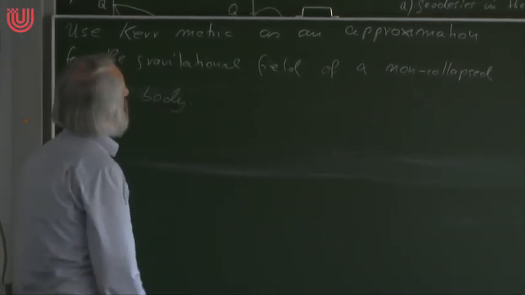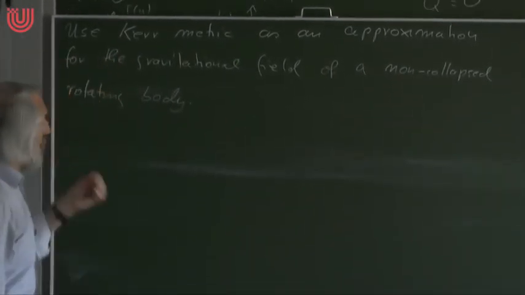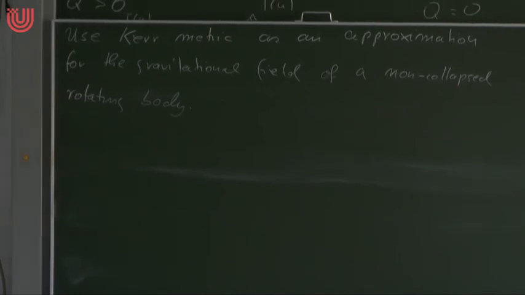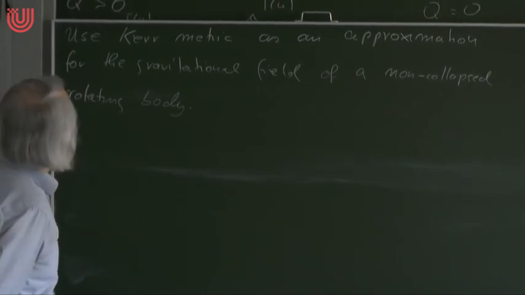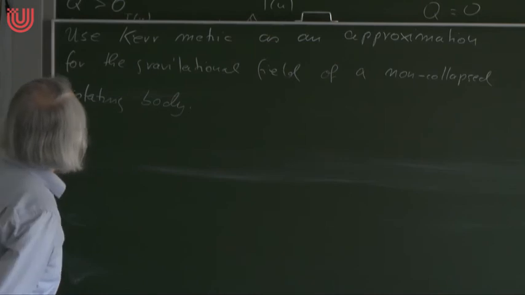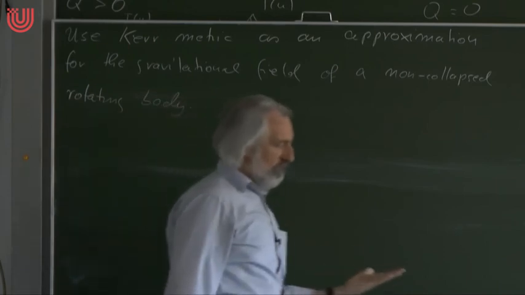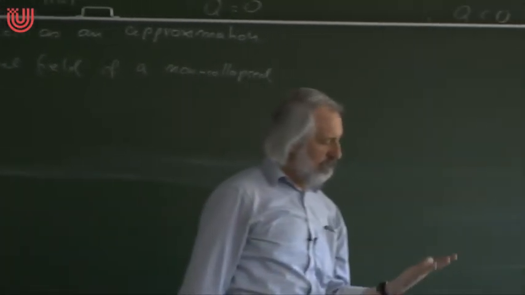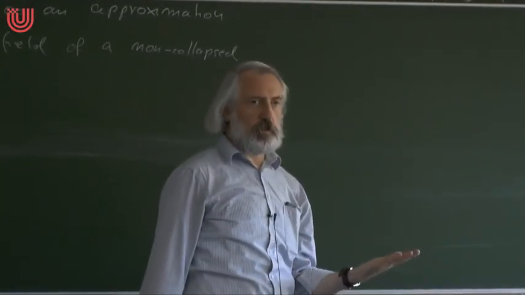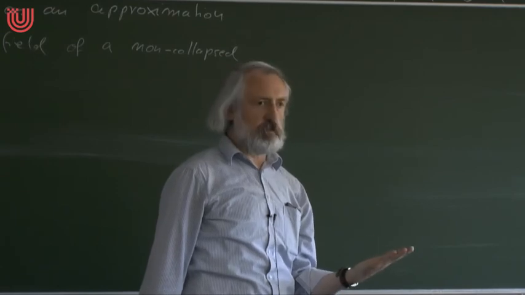And then we could ask if we have observable effects which distinguish the Kerr metric from the Schwarzschild metric. And what we see is the following. In the Schwarzschild metric, we have planar orbits. Every orbit is contained in a plane. And that's not the case in the Kerr metric.